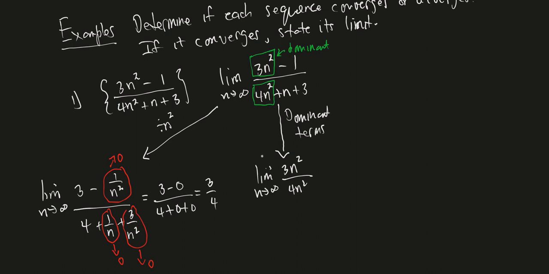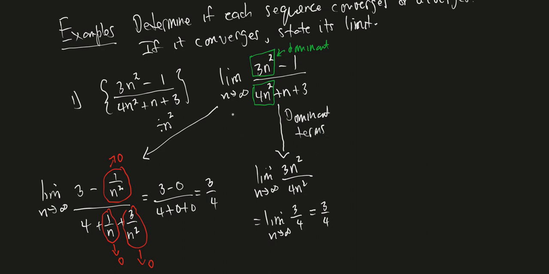So once I remove the non-dominant terms, then I have something now that is easily simplified, right? So I have 3n squared divided by 4n squared with an n squared common factor, and this is the limit as n goes to infinity of 3/4, and the limit of a constant is a constant. So you see we still get the same 3/4, right?